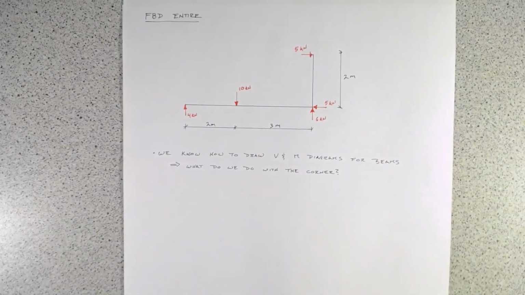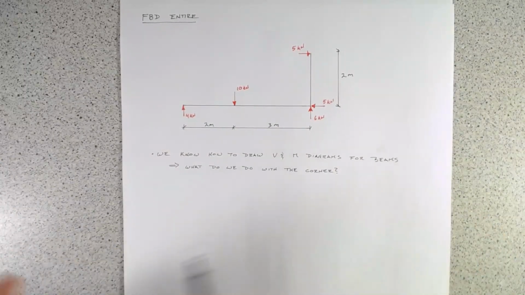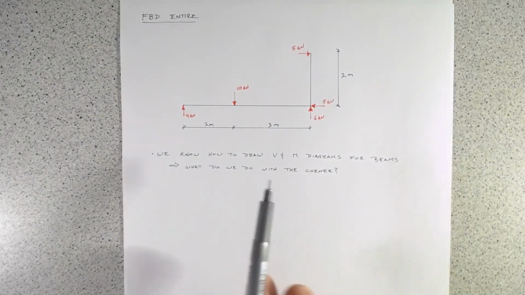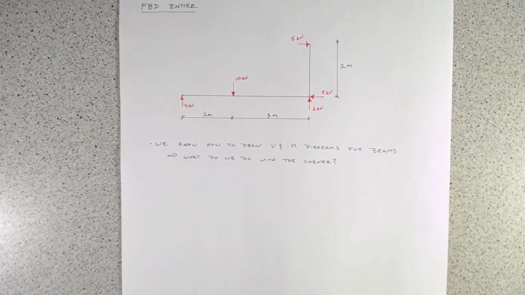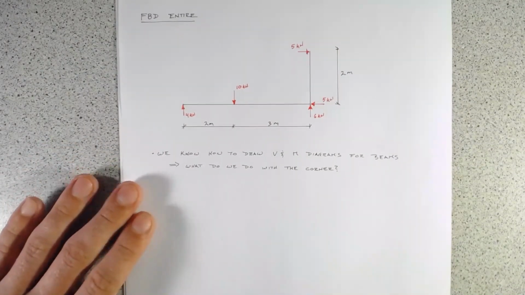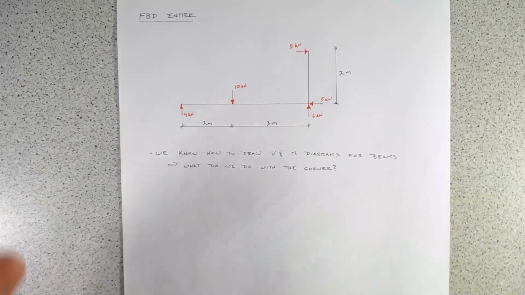So on this next page, I've drawn the free body diagram of the entire structure, with the reactions put in, and I've got a little prompt here: if this were a beam, we know what to do, but what would we do now that we have this corner?